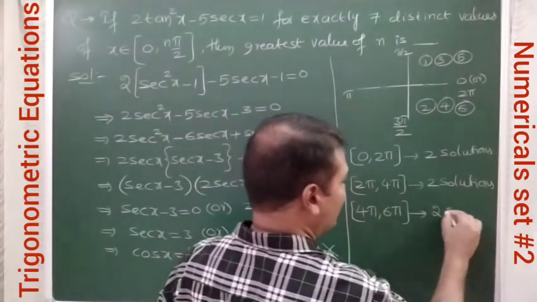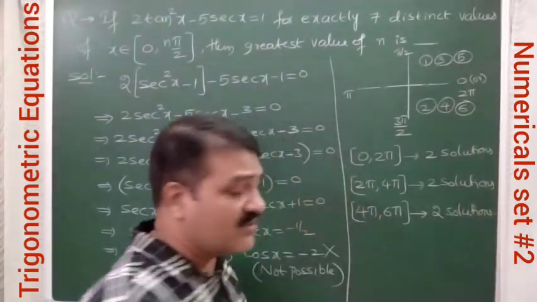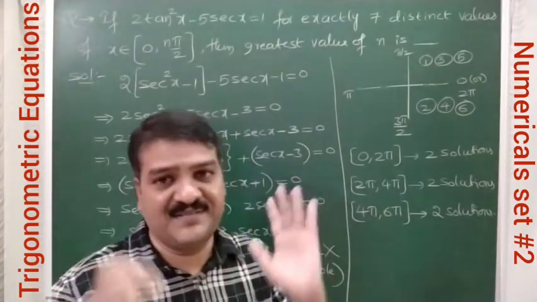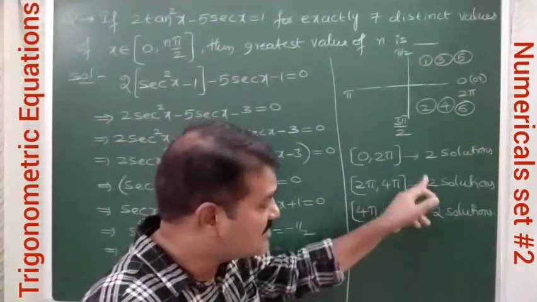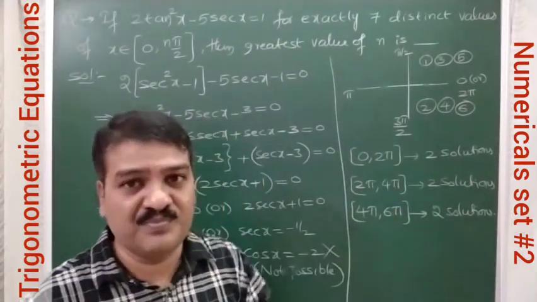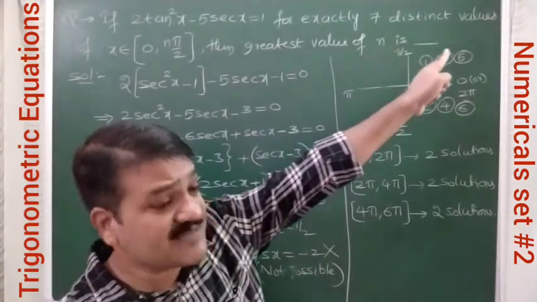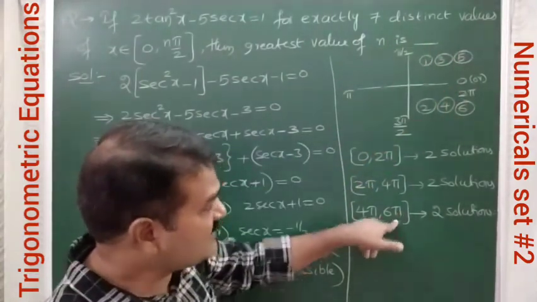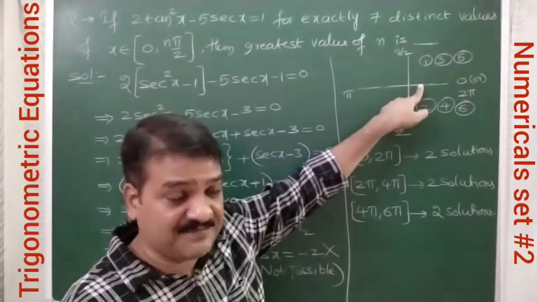Means two solutions in our third cycle. So we made 3 cycles, means we covered 6 pi radians. So from 0 to 6 pi we got 6 solutions now. But actually 7 distinct solutions we must get.